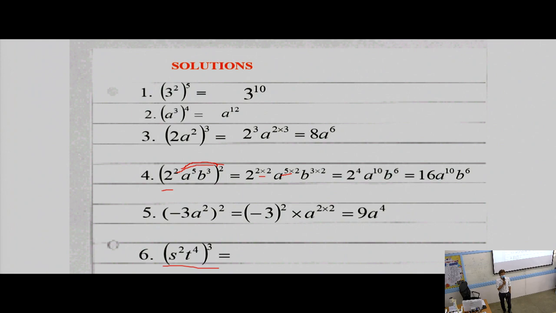What is the answer? Hey, you are just going to multiply the exponent. Look here, we're just multiplying the exponent since we are raising a power to a power. Now, s, 2 times 3, t, 4 times 3. What's hard? Again, louder.